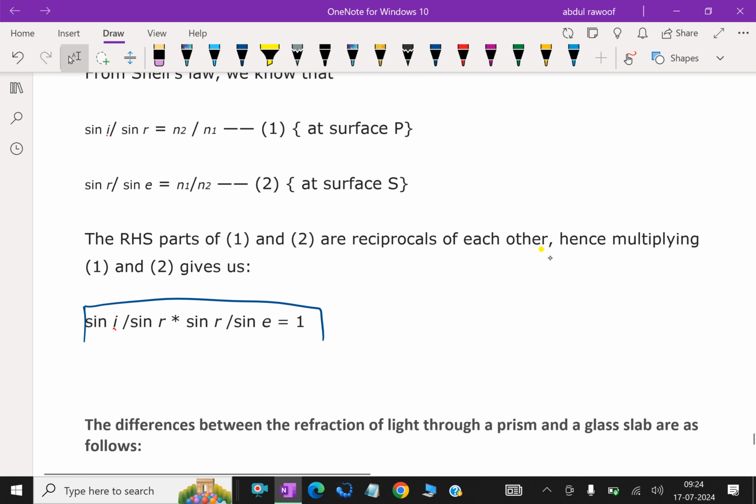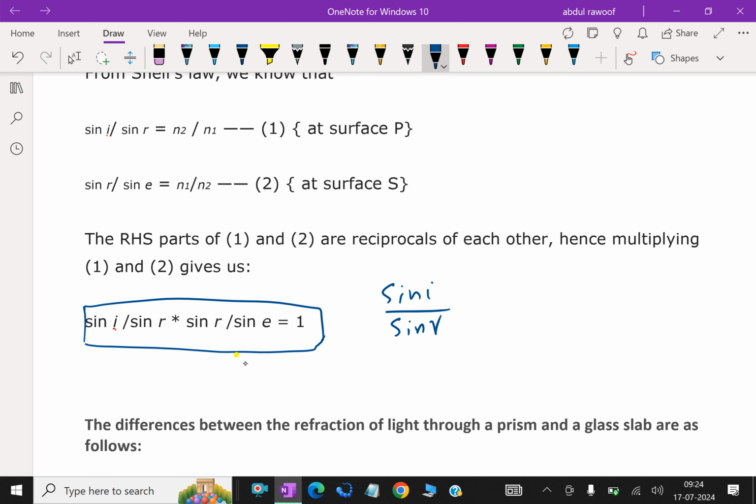This was the rectangular slab: sin I over sin R into sin R by sin E equals 1, which means, look at here, sin I by sin R into sin R by sin E, this cancels, both equal 1. That is sin I by sin E.